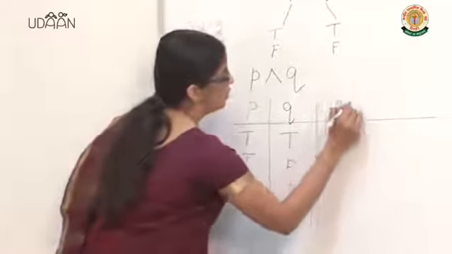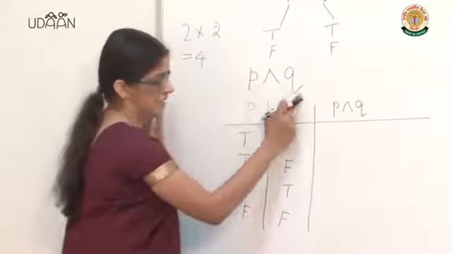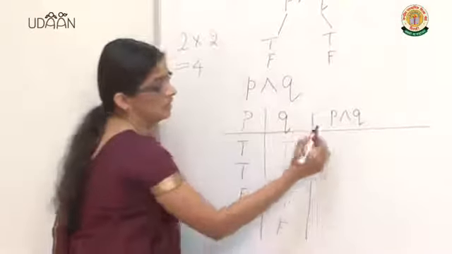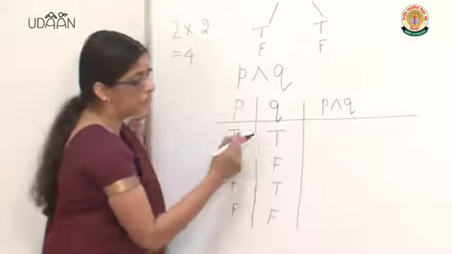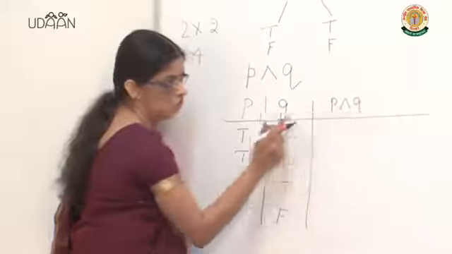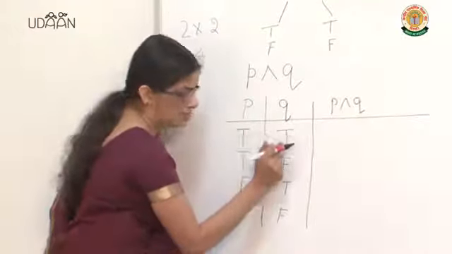Now, we are going to find the truth values of P and Q. This statement, P and Q, is true only if both the components are true, that is true and true.